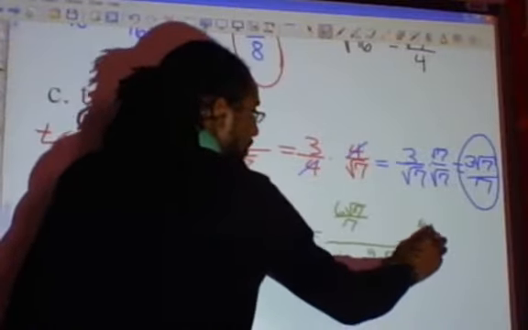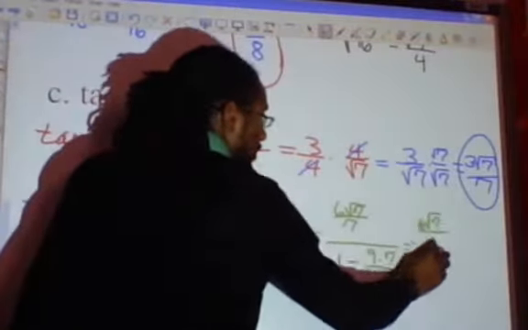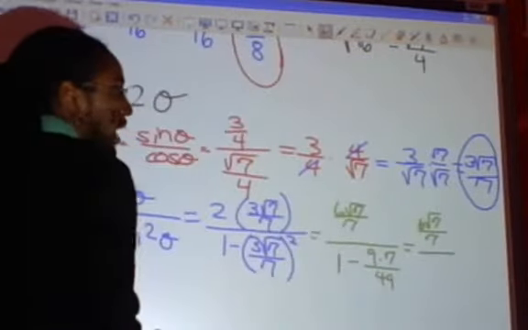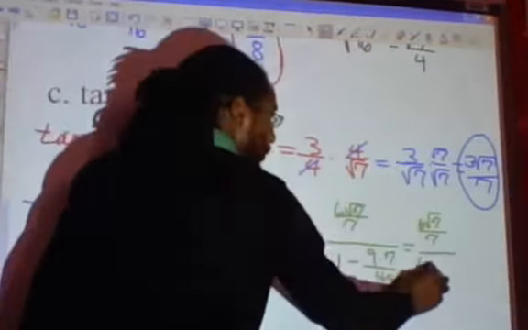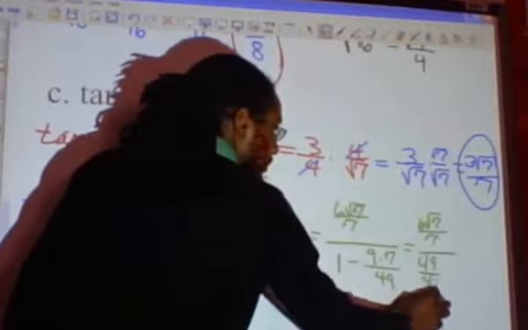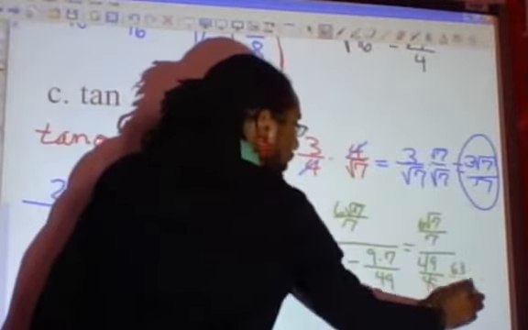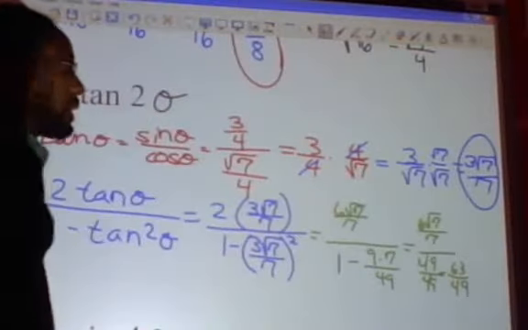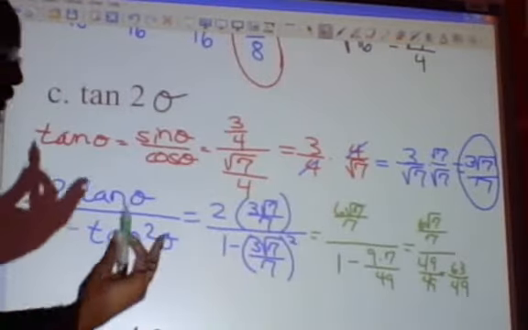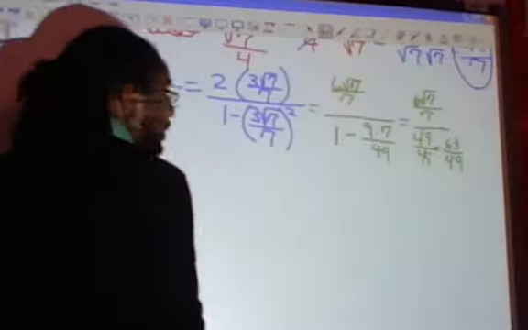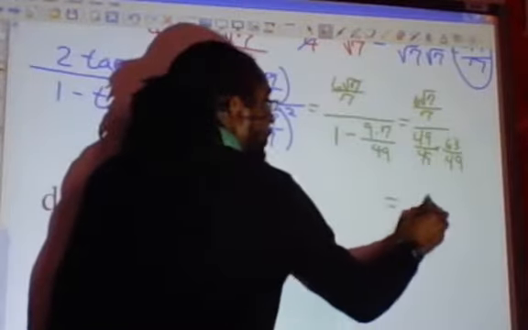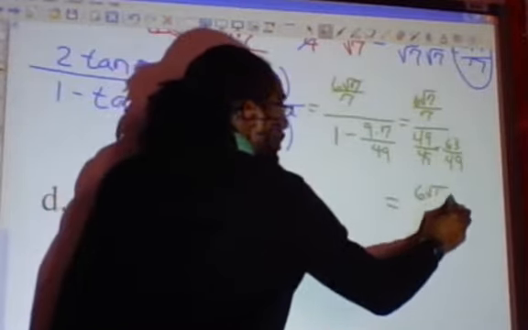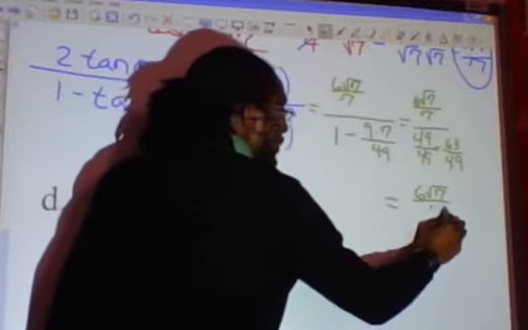So that's 6 square roots of 7 over 7. And on the bottom, that'll be 49 over 49 minus 63 over 49. Minus sign right there. Then we're going to simplify that down and get our answer. On top we keep 6 square roots of 7 over 7.